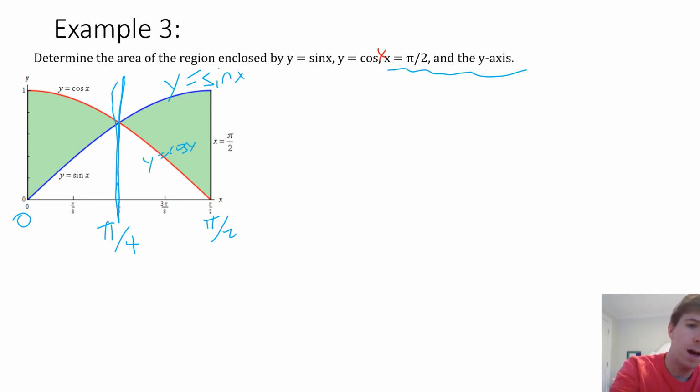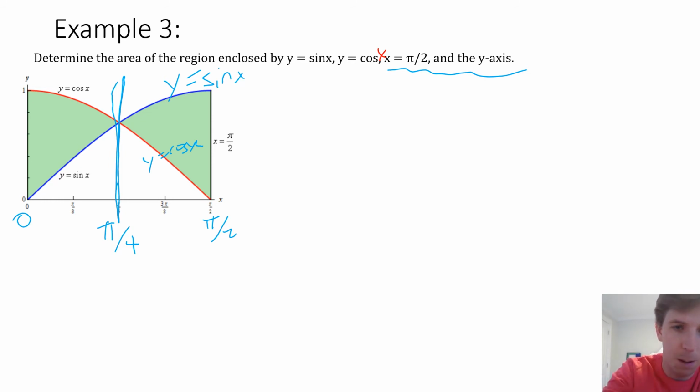So what we'll have to do is deal with this very similarly to how we dealt with some area problems in the past: we're going to have to set up two different integrals, one for each region. Still following that same pattern, still doing the a and b of our limits of integration, those x values, and still doing upper function minus lower function.